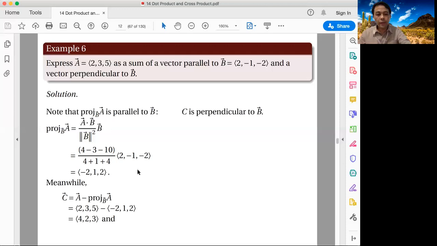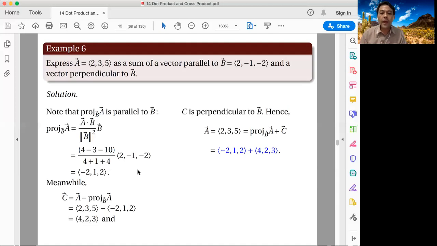And so by what we have in our equation here, if we transpose the projection of A onto B to the left side of the equation, we get A equals C plus the projection.